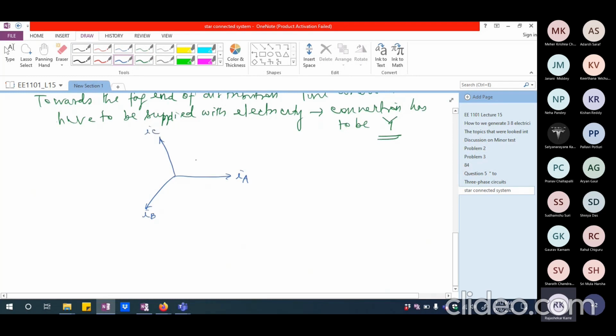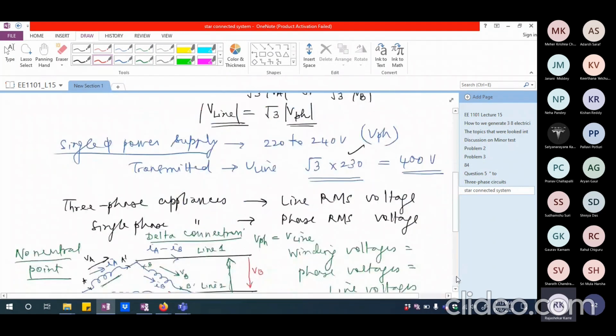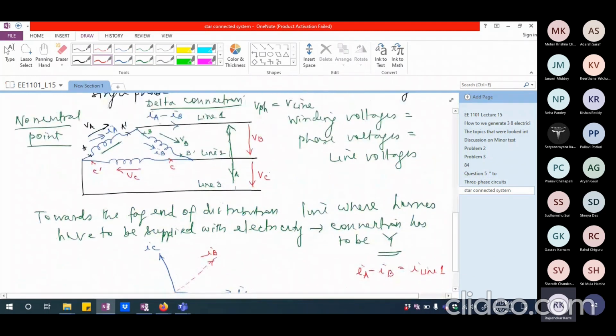These are the three-phase currents. IA minus IB was I line. So let me take this IB to the other side. So this is minus IB. And IA minus IB was I line 1 according to what we wrote here. So I line 1 was IA minus IB. Right? That's what we wrote.